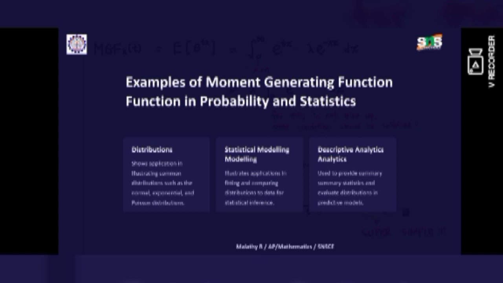That is, if you are having discrete data we have to go for Poisson, and if you are having continuous data we have to go for the normal one.